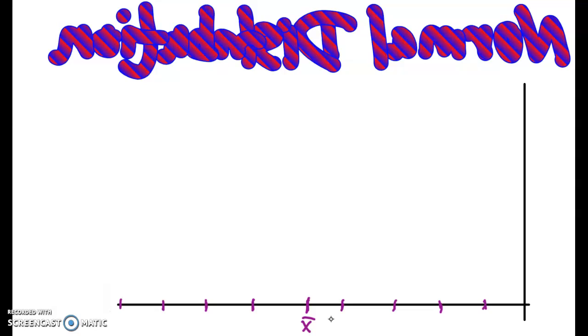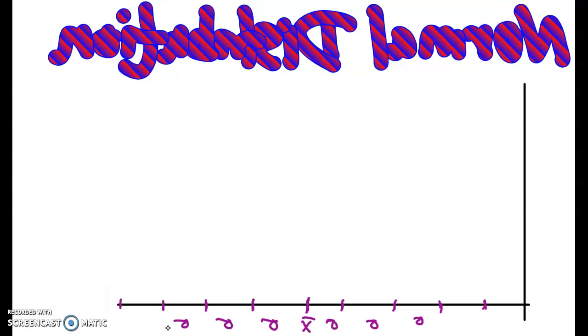Now, the symbol we use for standard deviation is that, I think. So here it would be the average plus 1 standard deviation, and then we would take the average and add another standard deviation. And on the other side, we would subtract 1 standard deviation, like that.